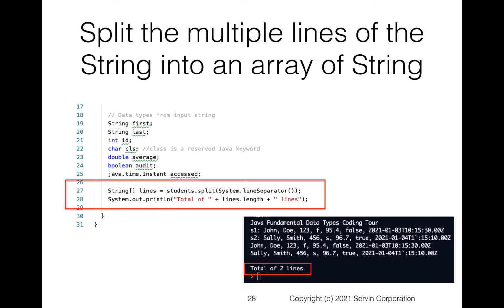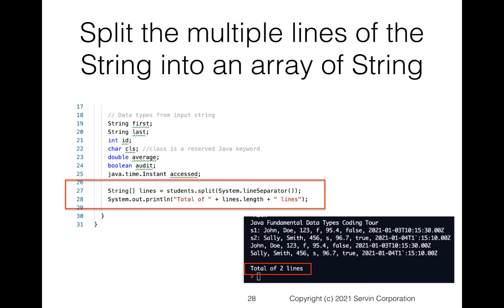Now our next task is we've got this input of multiple lines, and we want to split the multiple lines of this string into an array of strings. That is, when you think about this data coming in, here it's coming in as a string, but it could be coming in as a file, it could be coming in through the network as a block of network data.